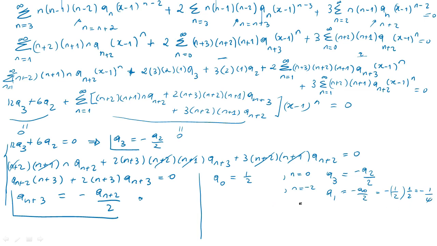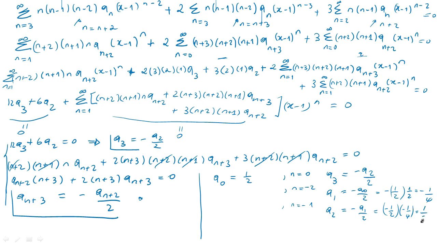If we take n as minus 1, that will help us compute a2, which will just be negative a1 over 2, which is negative half times negative 1/4.